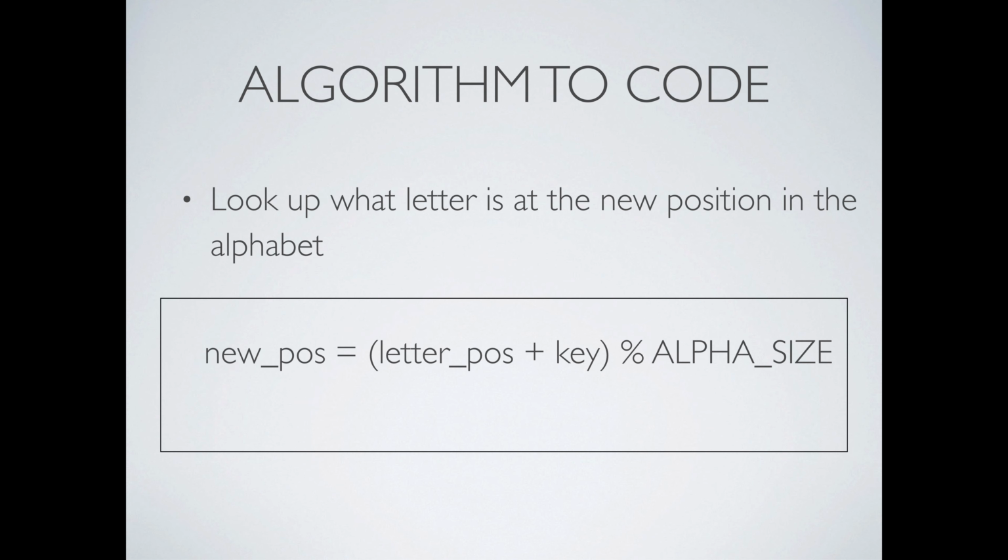You have a string, like we do with alphabet, and we have an index, which new position is. New position is going to be some integer that we just calculated. To look up what character is at that position in our alphabet, we use the indexing operator. So the encrypted character, enc_char, is going to be the character at position new position in our alphabet.